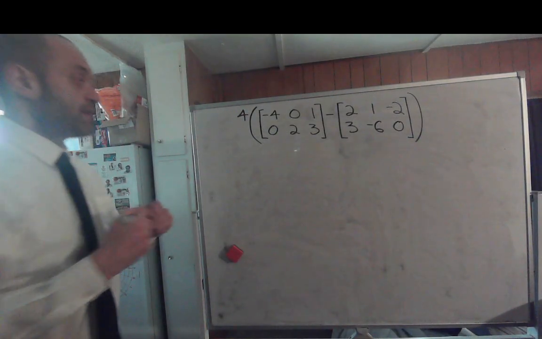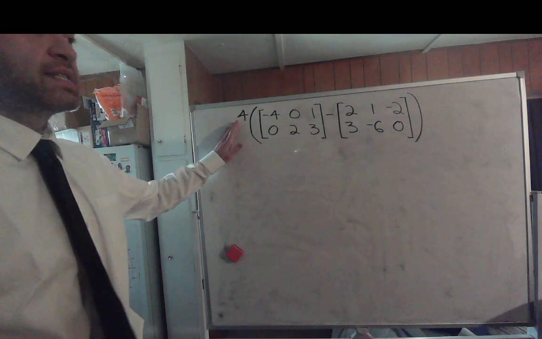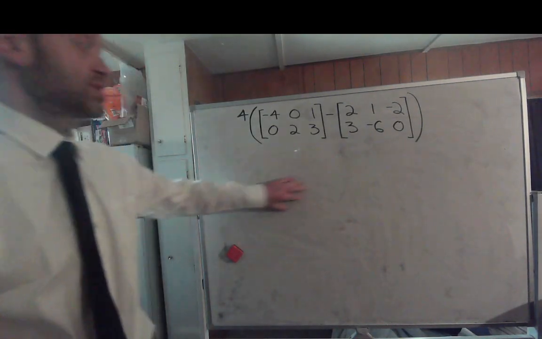Alright, so now you have 4, that quantity, times the difference of two matrices.